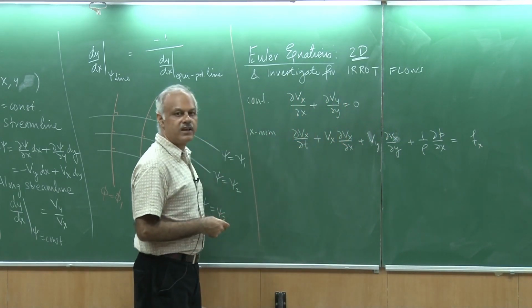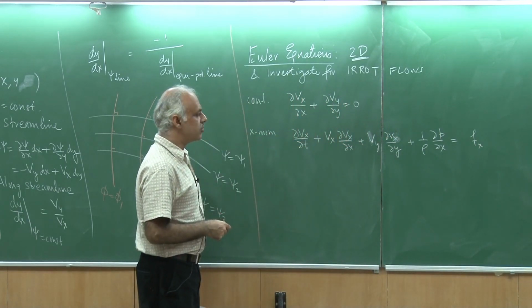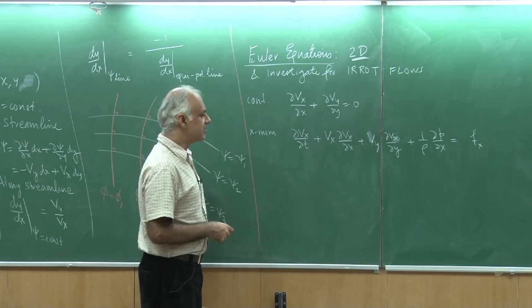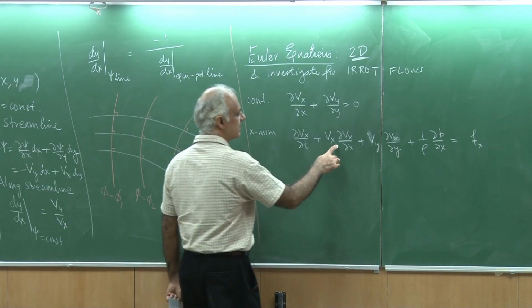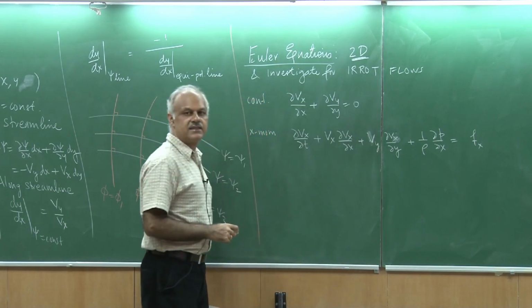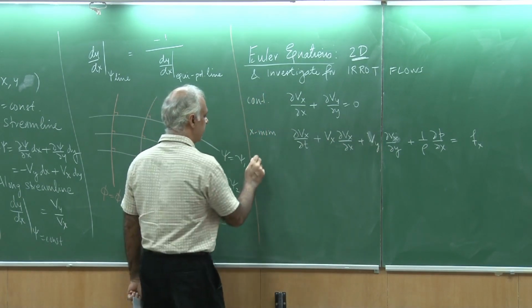And because these are Euler equations, there is no viscous term and these are first order. Notice these 2 terms make these equations non-linear.